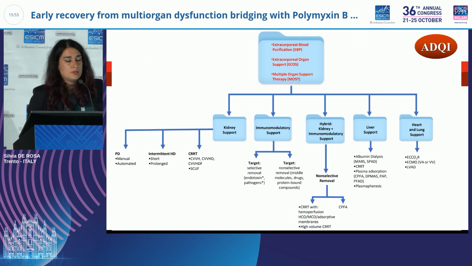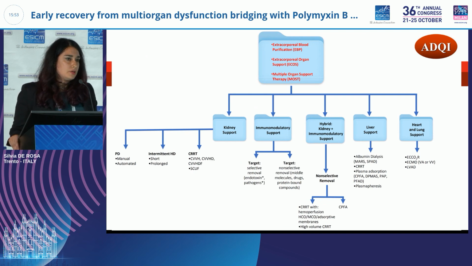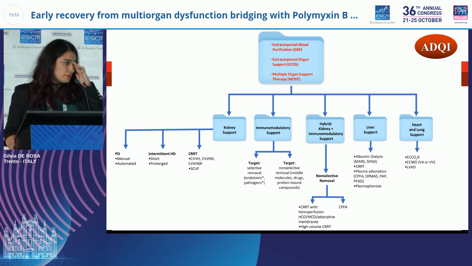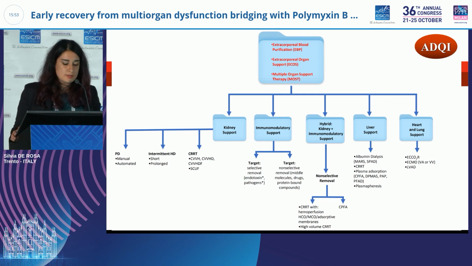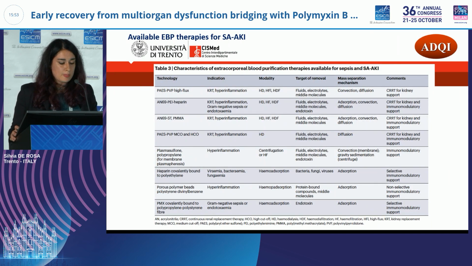So for this reason, when we performed the EDCI consensus, we also tried to make an order, because there was such confusion about all the extracorporeal blood purification therapies available. In case of immunomodulatory support, the removal of endotoxin is a selective removal, and could be performed using HemoAdsorption.